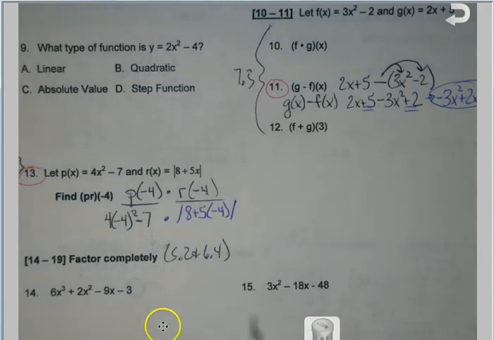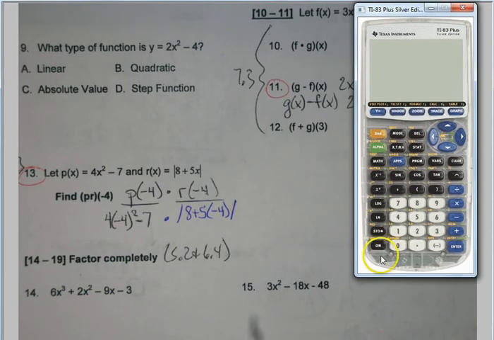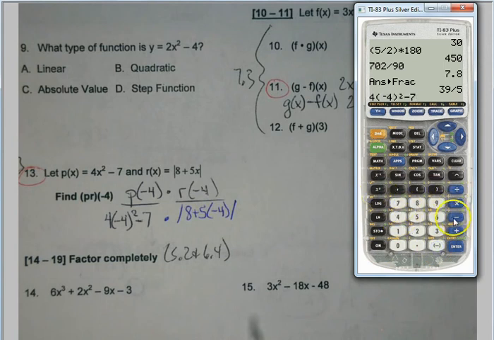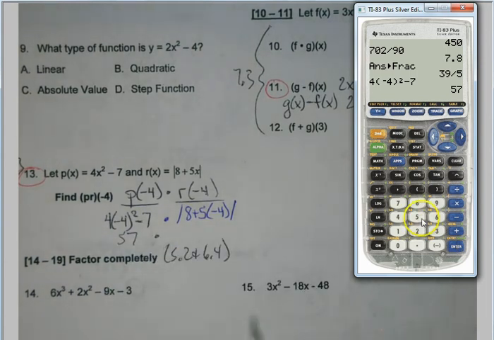When you're doing this, if you're not comfortable that you'll do the order of operations correctly, or you have any other issues, then just type it in. Don't make life difficult on yourself. Over here, I could do the 8 plus 5 times negative 4.